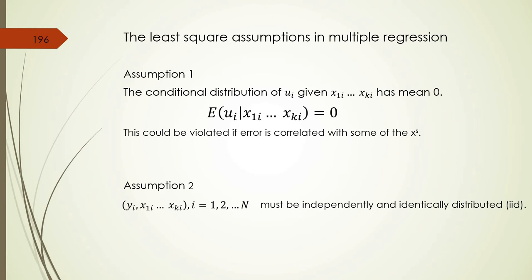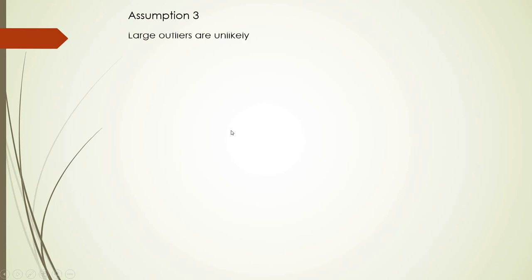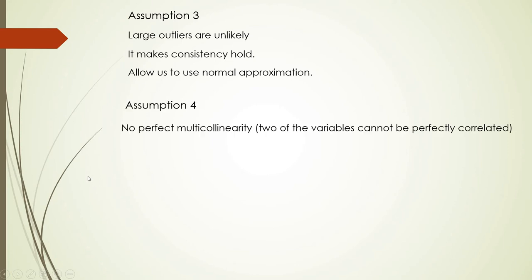So the same percentage of rich districts and poor districts, same percentage of districts with higher percentage of immigrants and lower percentage of immigrants, and so on. Okay. Third assumption, that large outliers are unlikely. It is already explained. In order to hold for consistency, we need to have this case without large outliers in order to obtain normal approximation, normal distribution of our data.